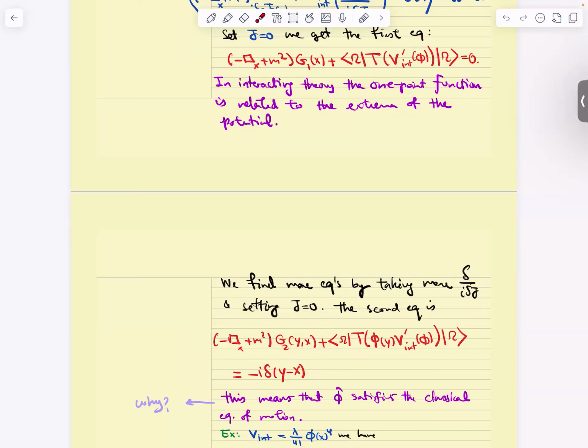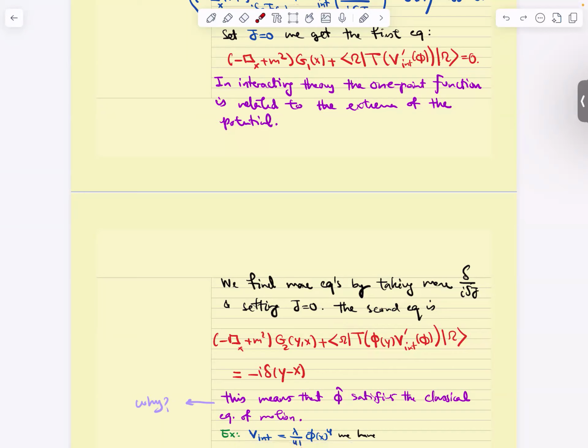Here, what you find is that that equation is still satisfied, but with this extra modification term that is related to the interaction. Now, what does this modification term look like? If my interaction term, if V is phi to the 4, what is V prime? It's phi cubed. I have another phi here, so this is a 4-point function, right?